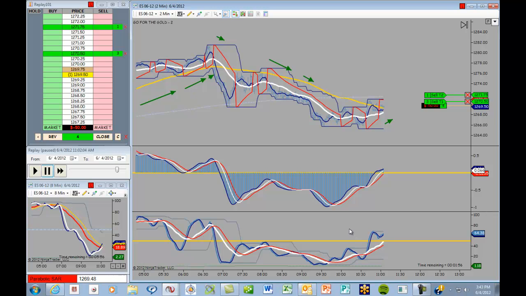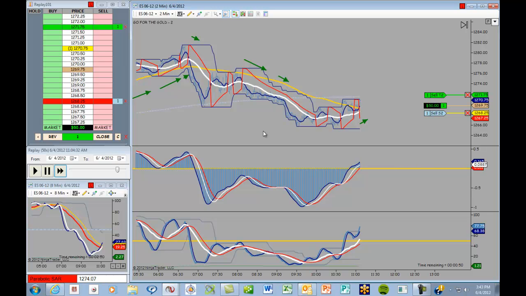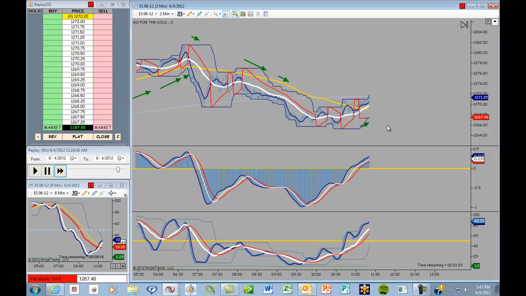So we've got double divergence on the two oscillators, and we're crossing above the trend defining moving average, which in this template is the gold line. So off we go.